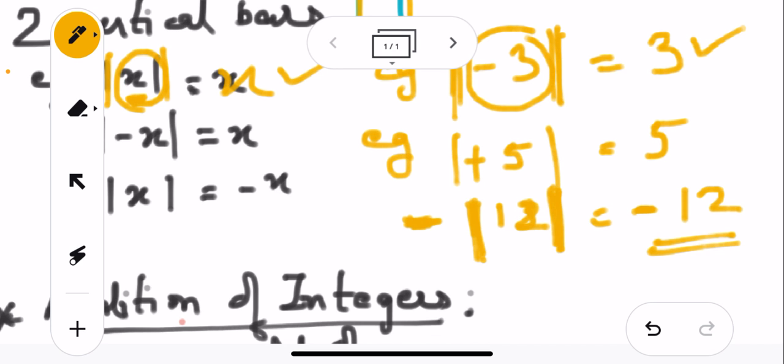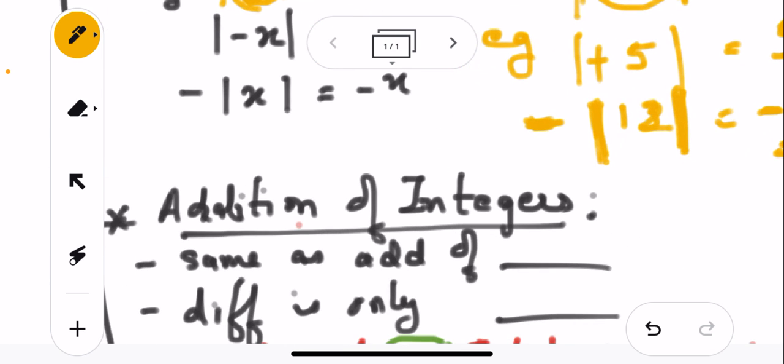Let us learn how to do addition of integers. The addition of integers is the same as the addition of whole numbers. It is similar to the addition we do with whole numbers.